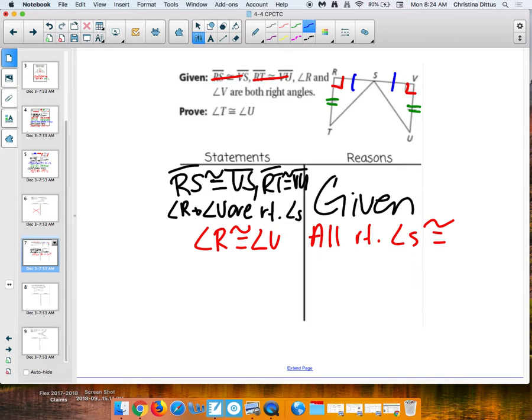Now that we got them congruent, what can I do? Say triangle RST and SVU congruent? Ooh, that's not true though. RST is not congruent to SVU. VSU, yes.